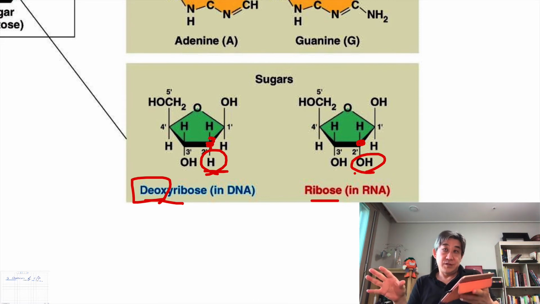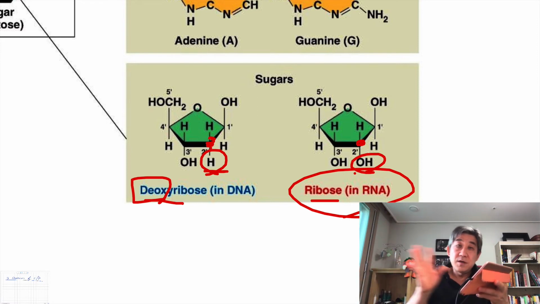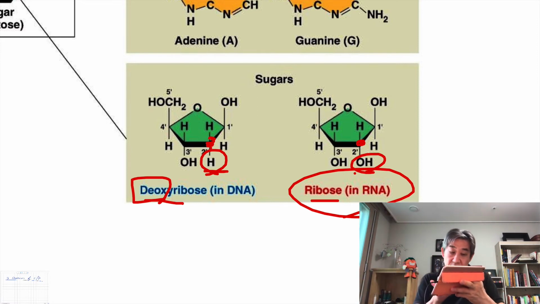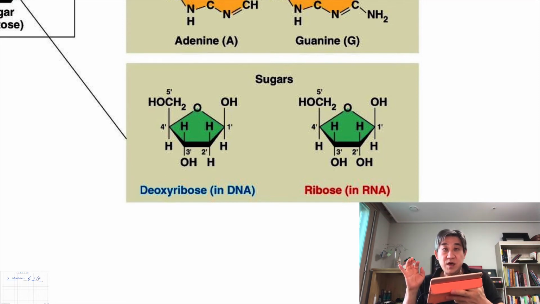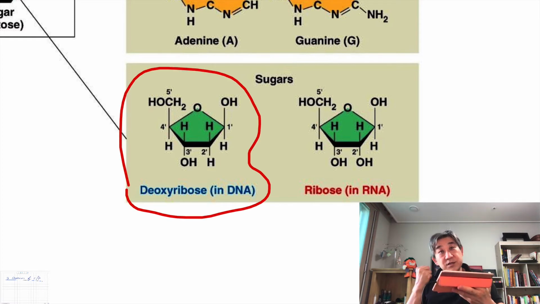So that's the difference between ribose sugar, which is actually the prototype of this particular type of sugar, and the divergent group of this ribose sugar, which is the deoxyribose sugar. And for some reason, in making DNA, only this deoxyribose sugar is used.